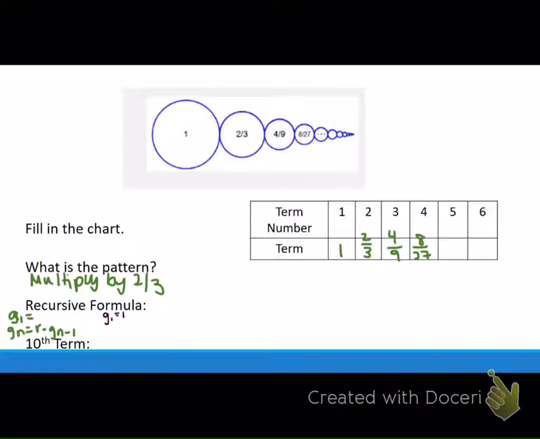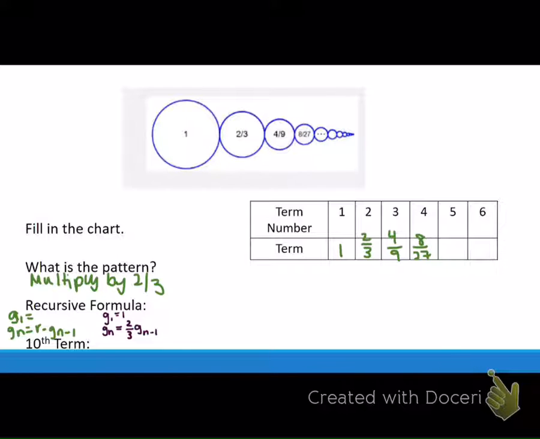Then you have this part here. So you say G sub n equals what? What's your common ratio? Times what? Do we replace G sub n minus 1? No, so it's times G sub n minus 1. Does that make sense now?